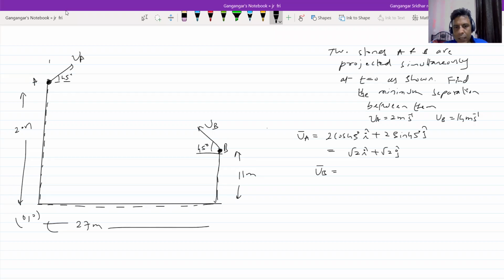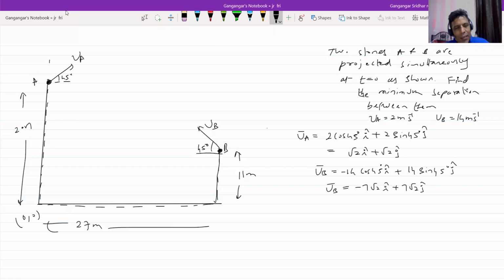Similarly, define the velocity vector UB. I took this as origin here, at the left corner. So towards left it should be negative x-axis. UB is minus 14 cos 45 I cap plus 14 sine 45 degrees j cap. So 1 by root 2, this will be minus 7 root 2 I cap plus 7 root 2 j cap. This is UB bar.